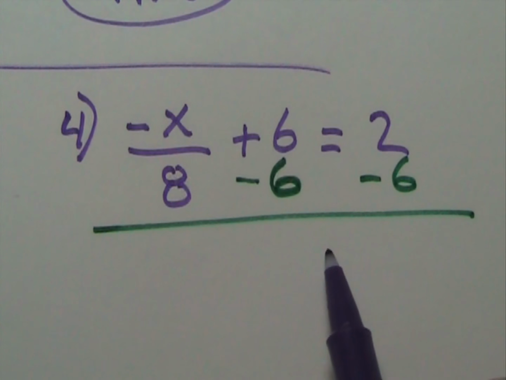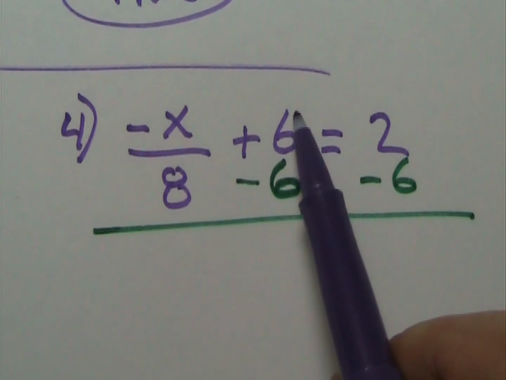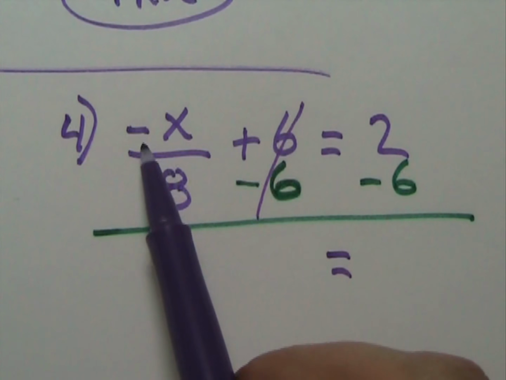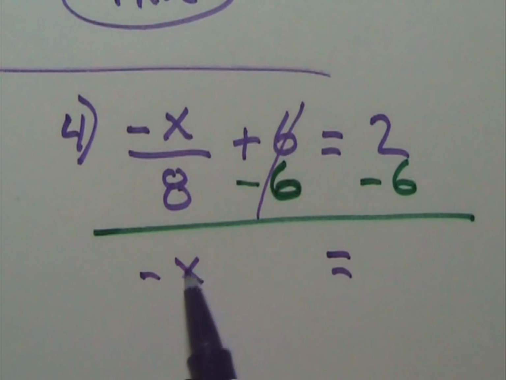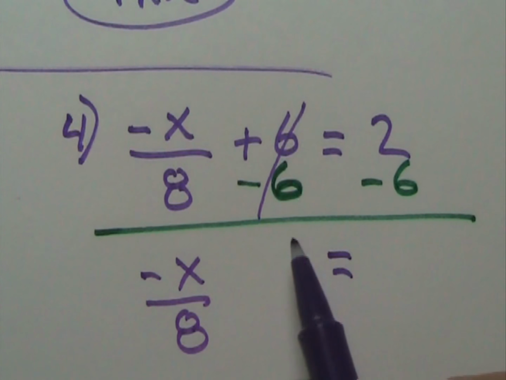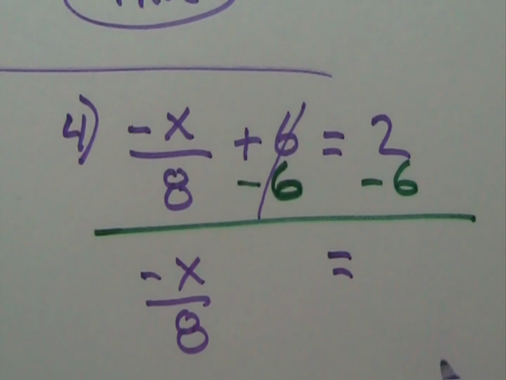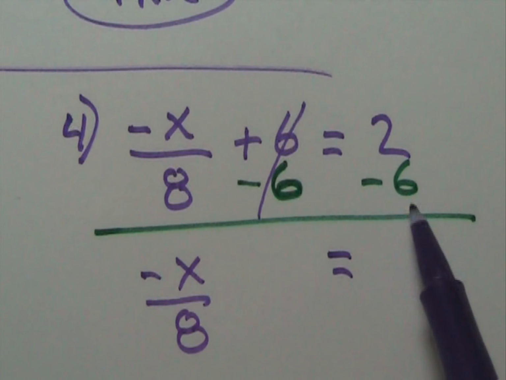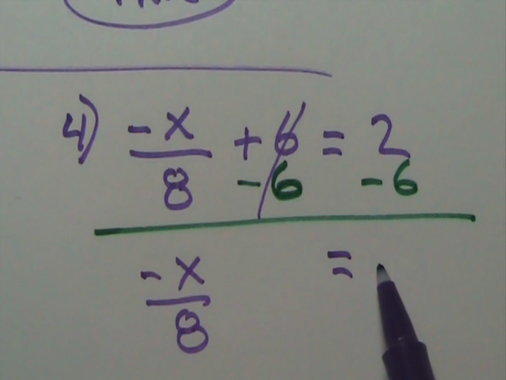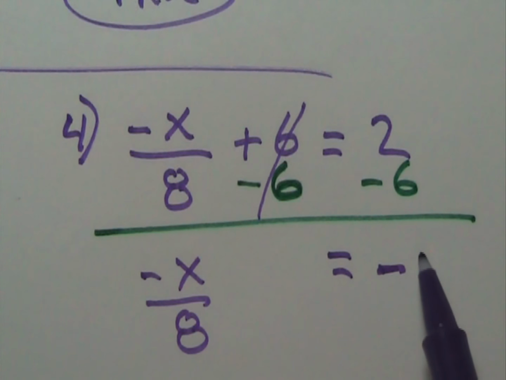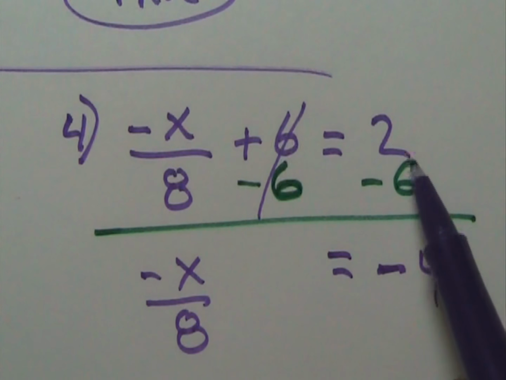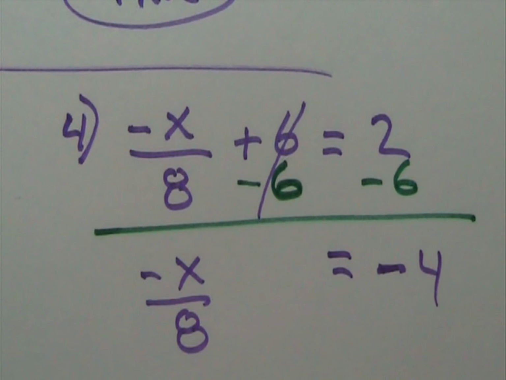Now I'll keep my equals lined up. So this is gone. And that gives you negative x over 8. That's gone. And 2 minus 6. There's more negative. It's negative 4, right? 6 minus 2 is 4, and there's more negative.